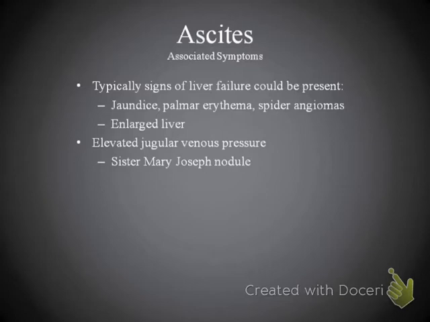The Sister Mary Joseph nodule is a bulging in the umbilicus from a palpable nodule, and it's usually associated with metastatic disease in the abdomen or pelvis. However, as we saw, neoplasm ascites can also cause this, so you would look for it there.